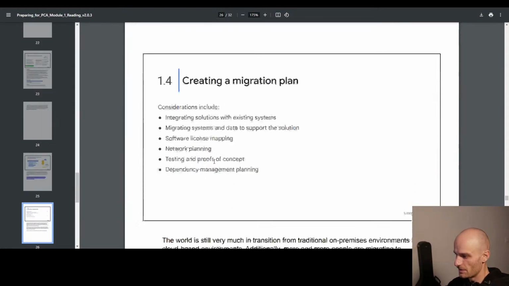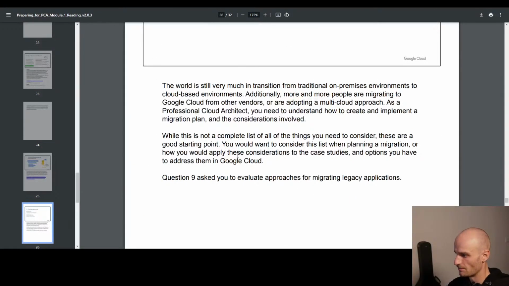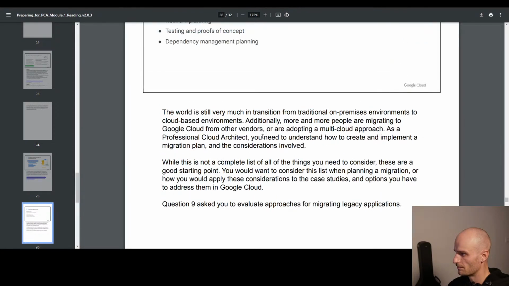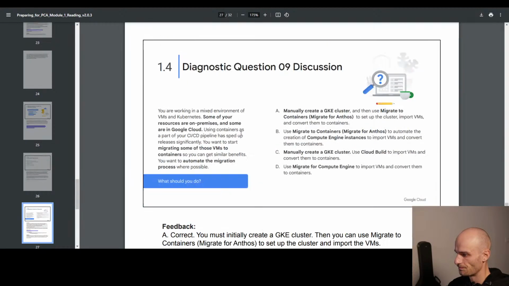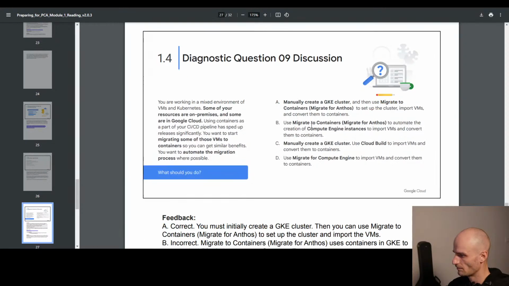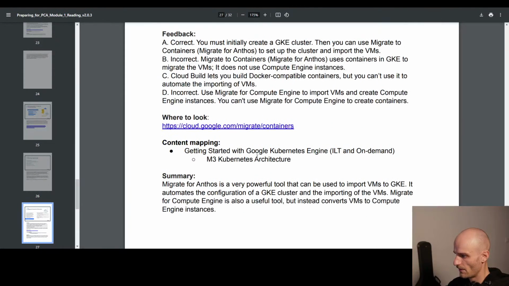Okay, so there are infinite resources basically. Okay, getting started with Kubernetes Engine. Nice.